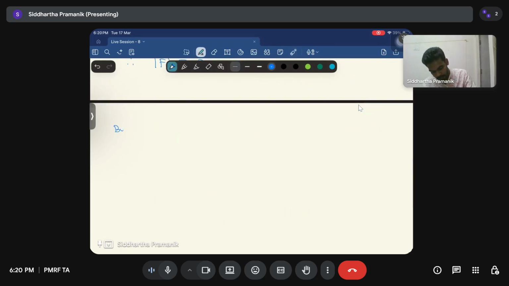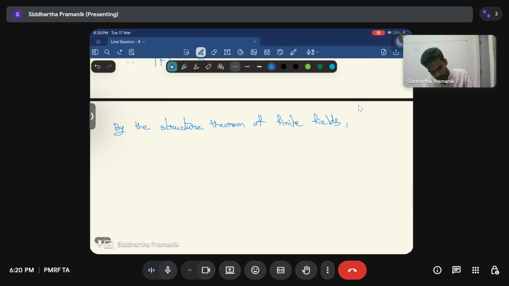So by the structure theorem of finite fields, the number of subfields of F is the same as the number of positive divisors of n, which is 2520.